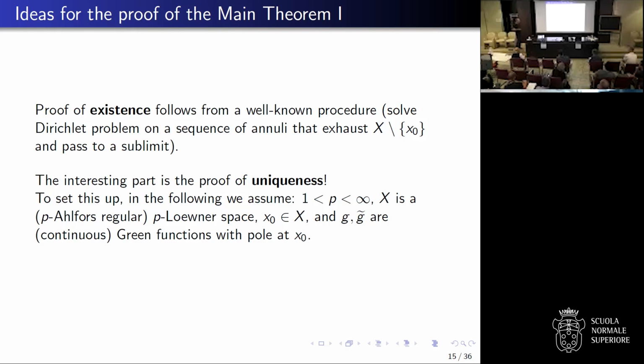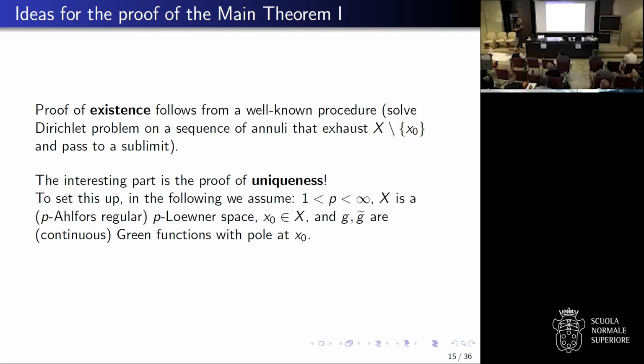For the rest of my talk, let me set this up here. We will have an exponent p between 1 and infinity. We will have an Ahlfors Q-regular p-Loewner space, right? The p here is the same p as here. That's important. So we're in this conformally invariant case. And we have two Green functions with this pole.